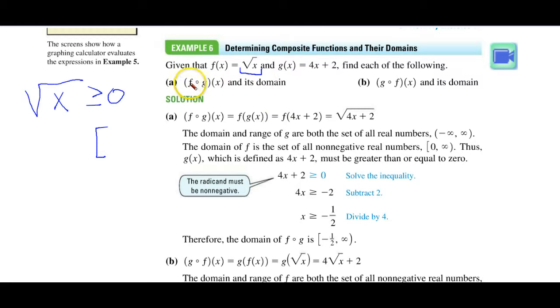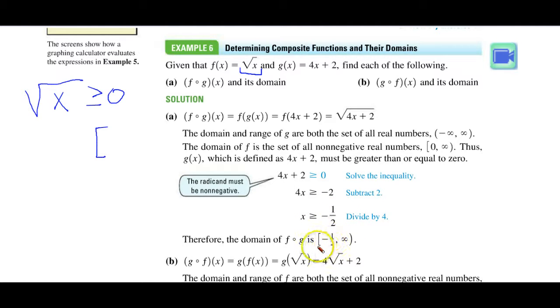First, they're asking us to do f composed with g, and then reversing it, g composed with f. And they show you the solution here, that x will be greater or equal to a -1/2.